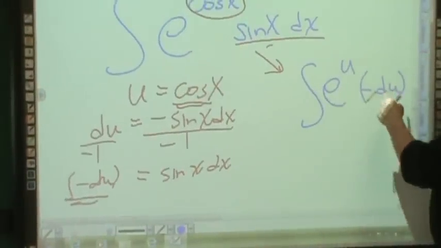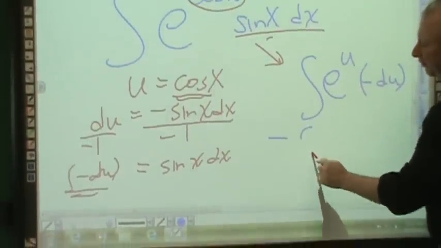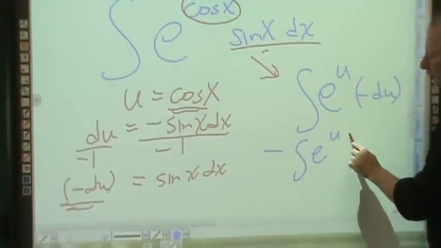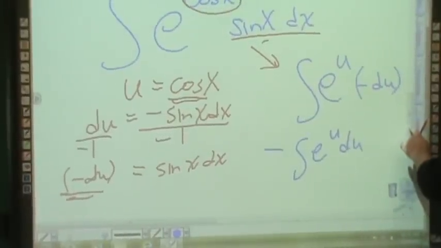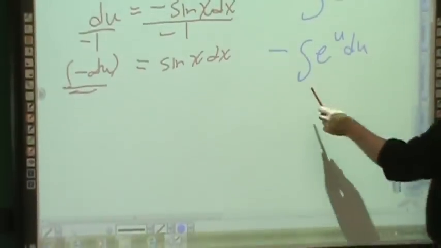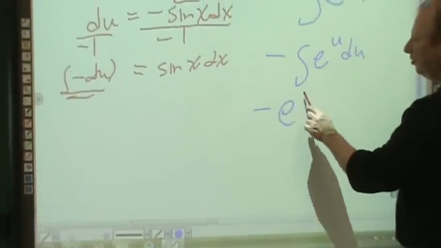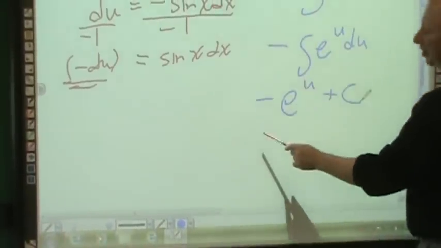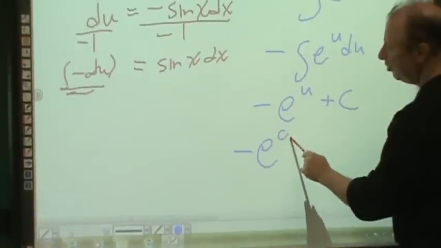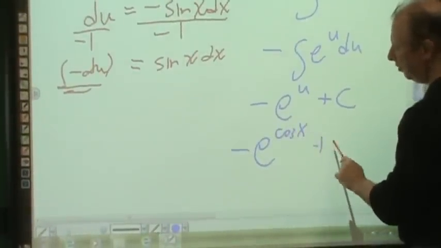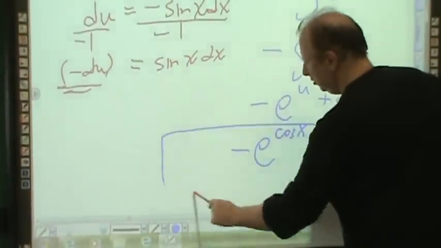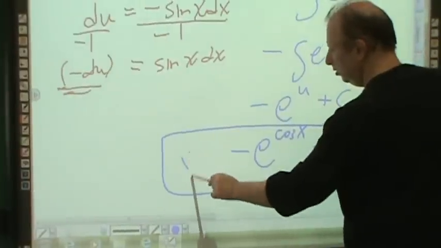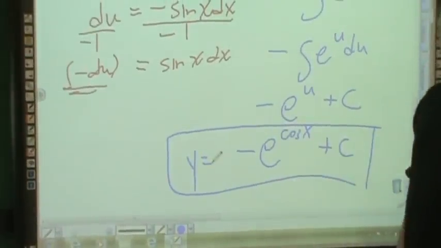And now if I pull out the constant, negative, integral of e to the u du is equal to negative e to the u plus c. And what was u again? Cosine x. It's negative e to the cosine x plus c. I'm finished with this example.